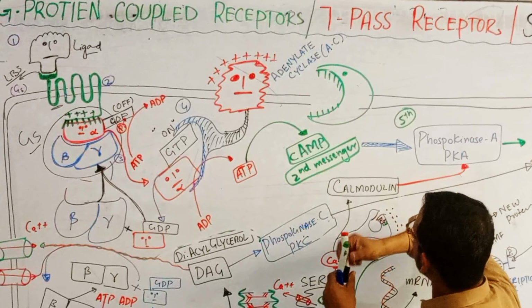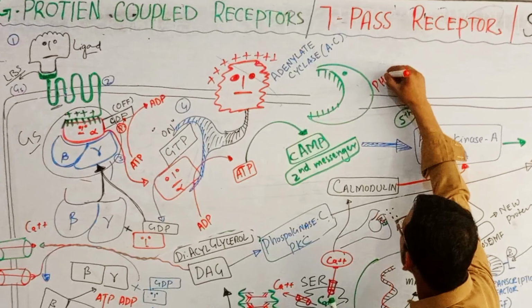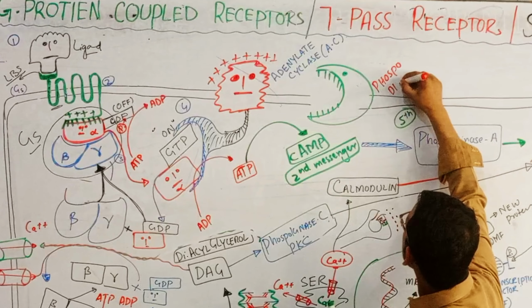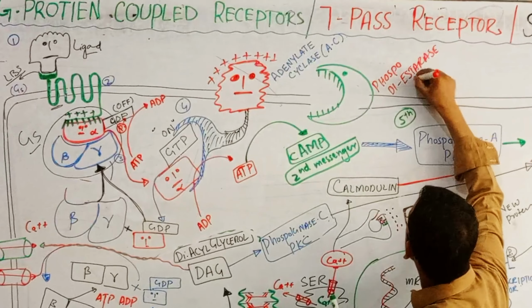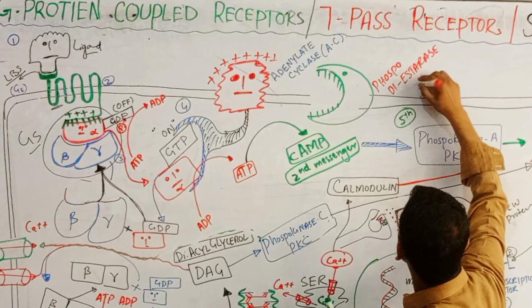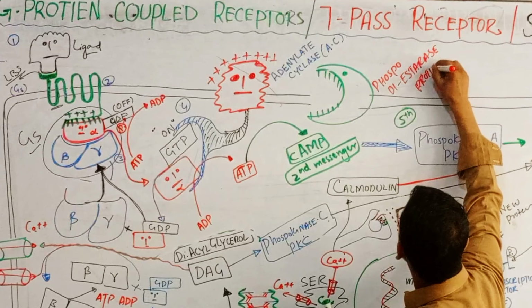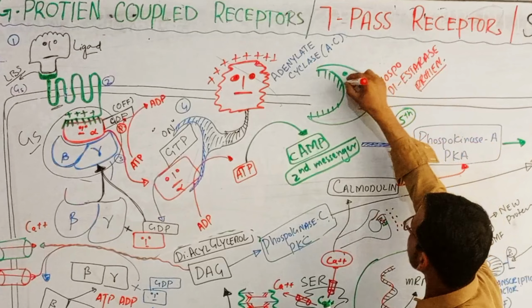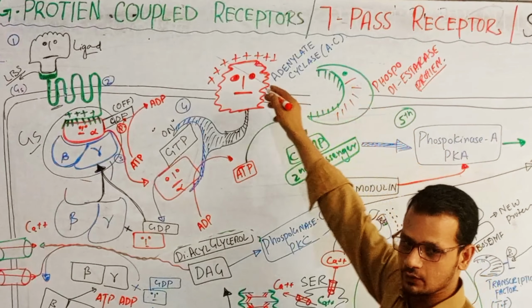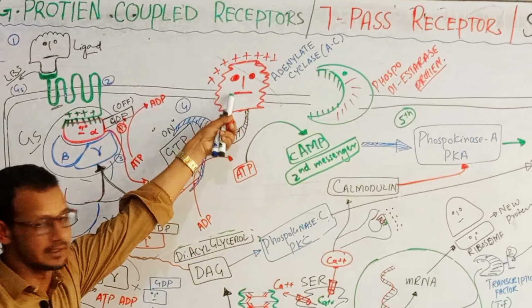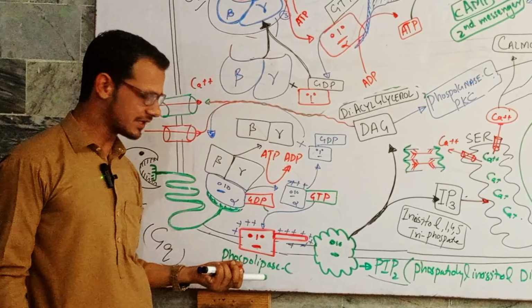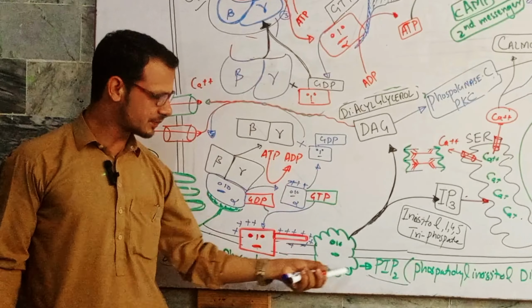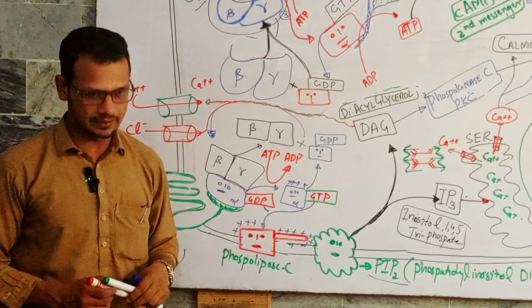Phosphodiesterase enzymes are proteins. This protein is responsible for deactivation of adenylate cyclase and phospholipase, and when phospholipase C is deactivated, this PIP2 is automatically deactivated.